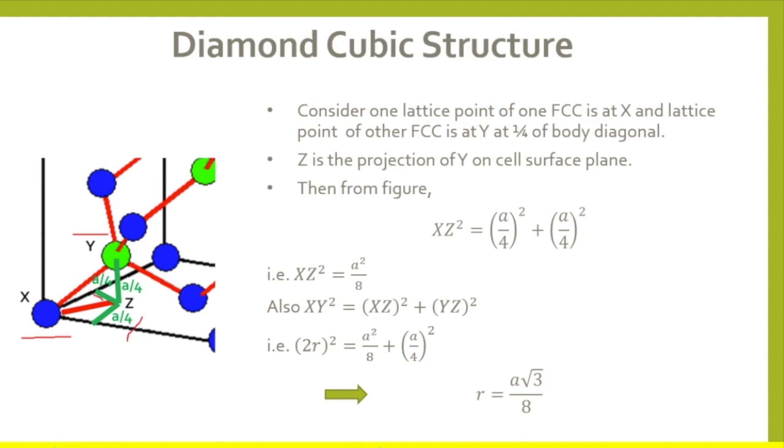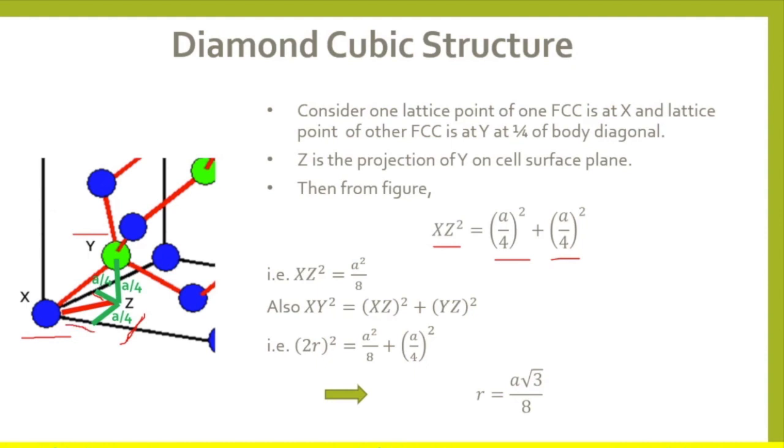So from the figure we can say that xz squared will be equal to (a/4) squared plus (a/4) squared. One a/4 is here, and the other is this one.